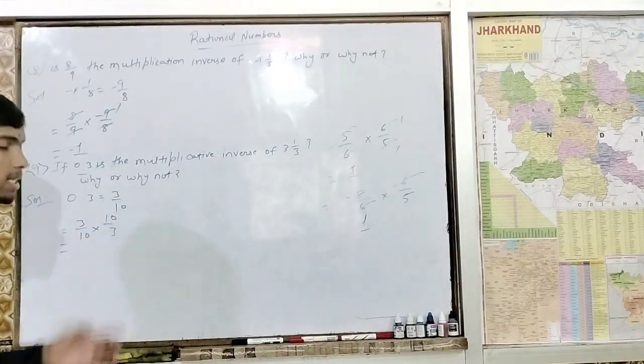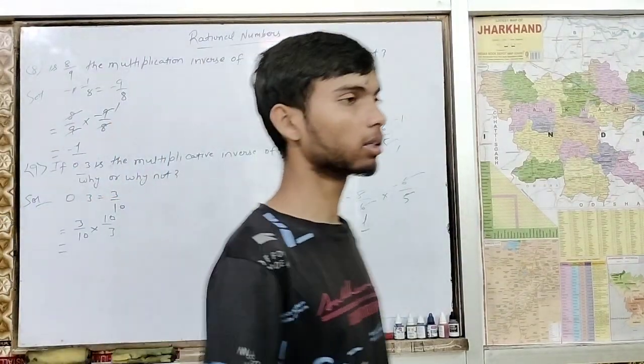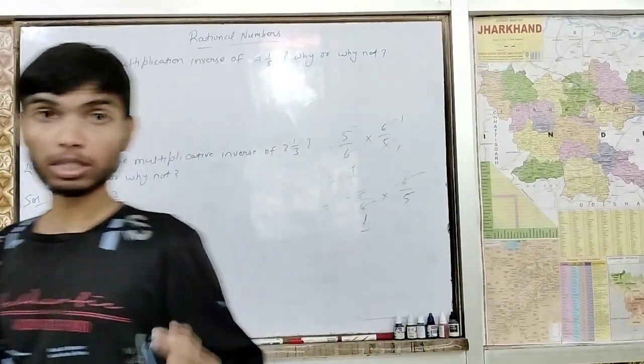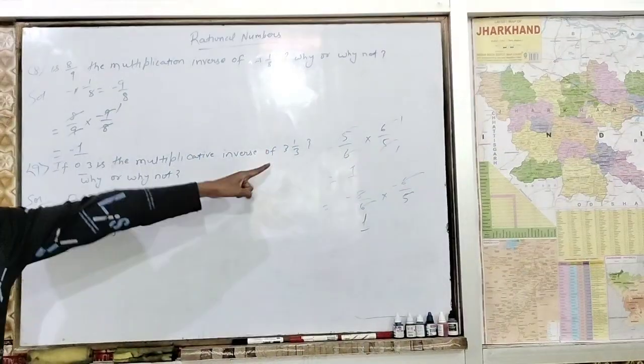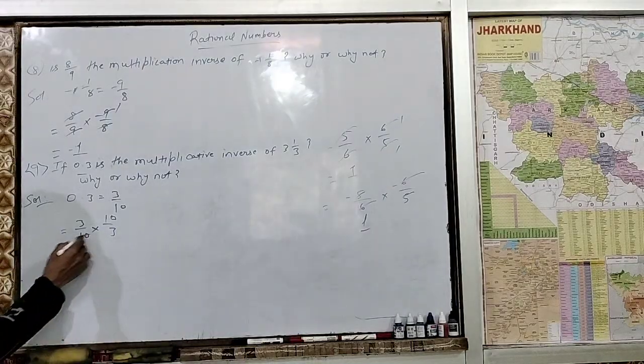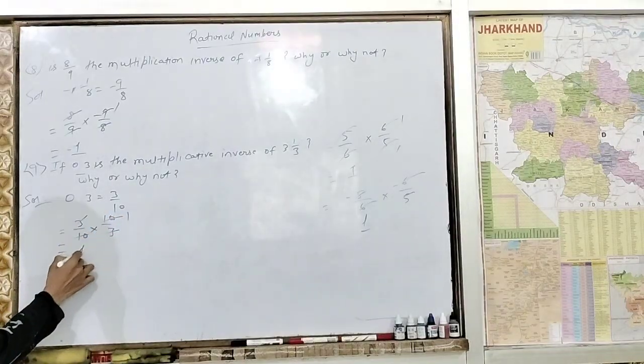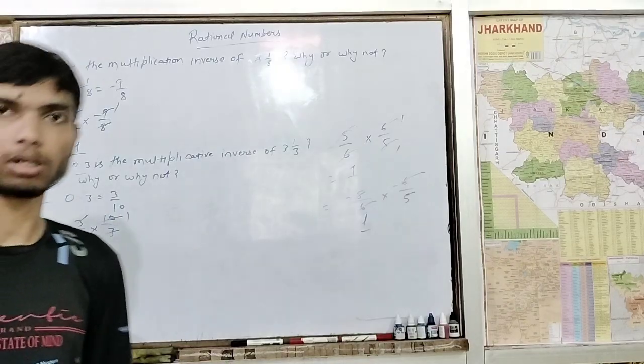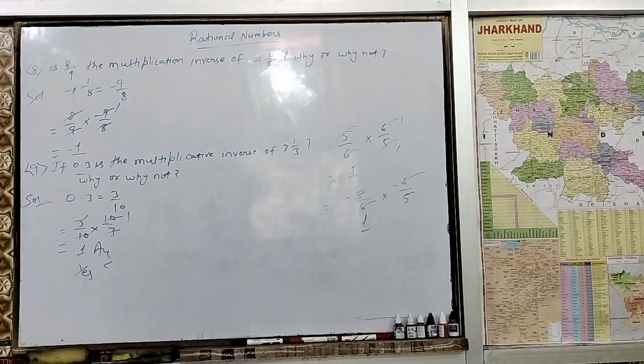If this is giving 1, then we can say yes, this is a multiplication inverse. 0.3 is a multiplication inverse of 10 upon 3. So yes, it is giving us 1. So we can say yes, this is the multiplication inverse of 10 upon 3. That is how you will solve.